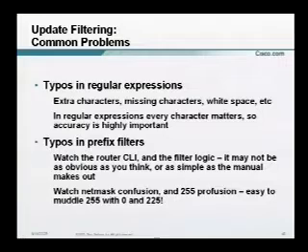And if you see strange things happening with your BGP filtering with your neighbor, you're not getting any prefixes, you're getting too many prefixes, it's worth checking your inbound filters or your outbound filters really, really carefully. Okay? You also get typos in prefix filters. Watch the command line interface on the router. Watch the filter logic if you need to watch the filter logic. It may not be as obvious as you think, and may not be as simple as the manual says.